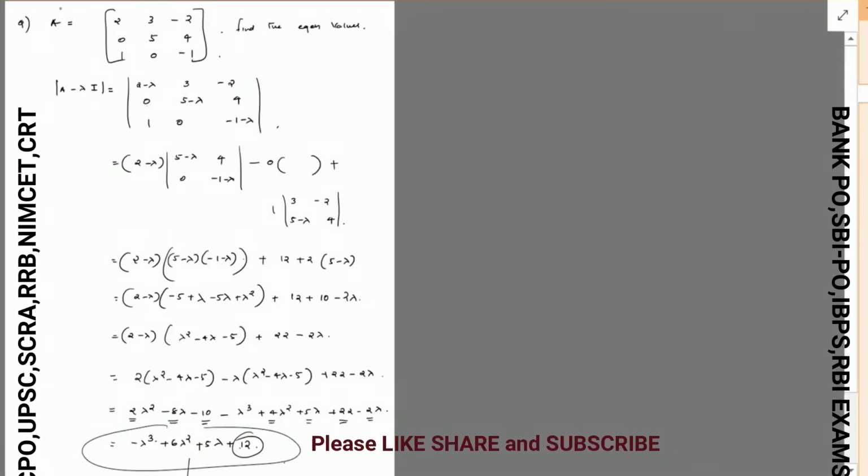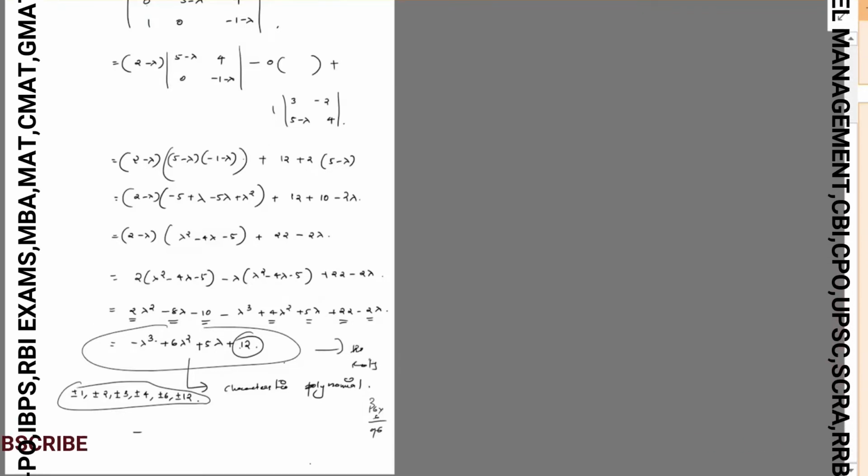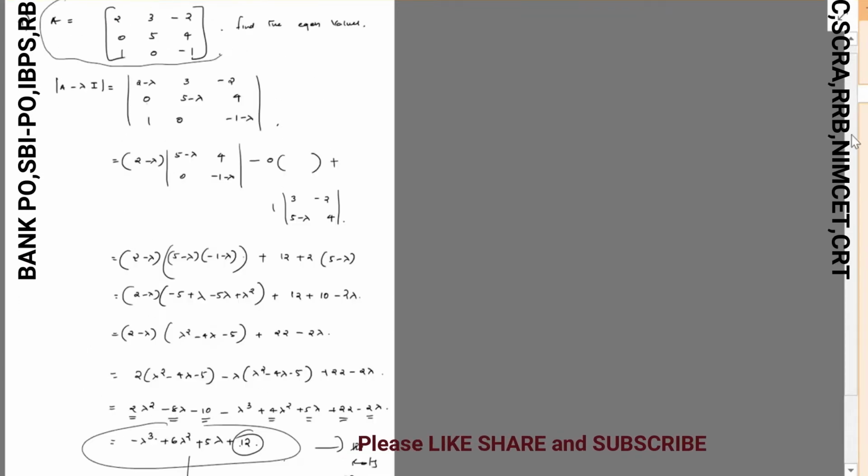Actually, the question was a mistake. We can't find the eigenvalues of this matrix. We can find the characteristic polynomial, but there exist no real roots. There exist no roots for this polynomial. So the given matrix has no eigenvalue.